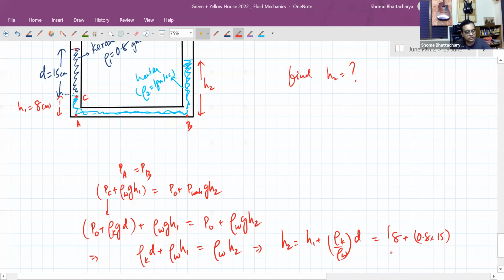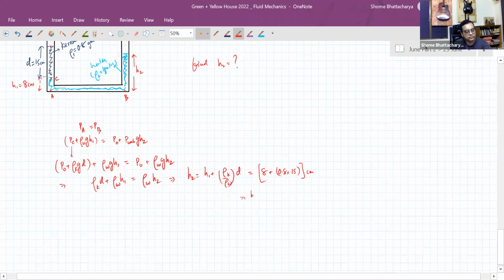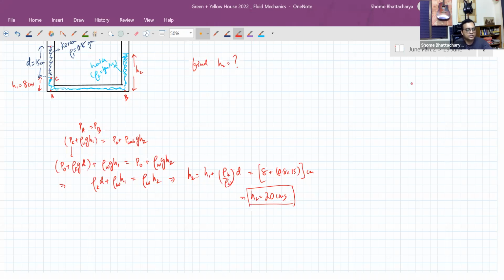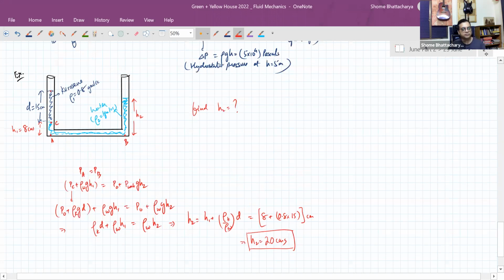So it should come out to be 20 centimeters. Okay, so this kind of question is quite common at JEE Mains level, especially.